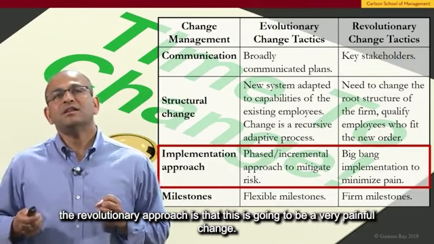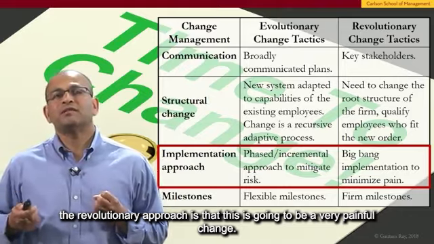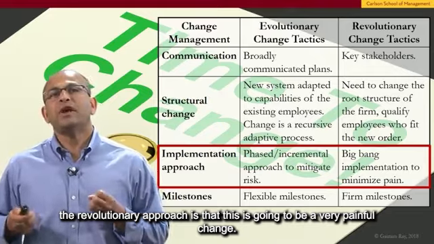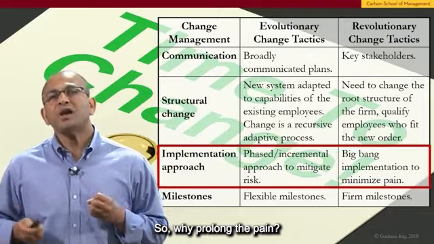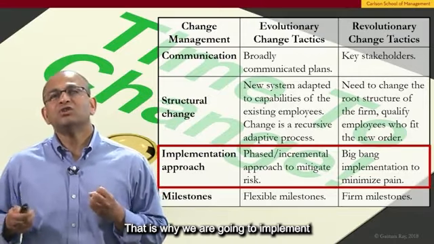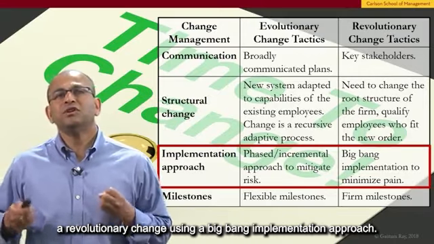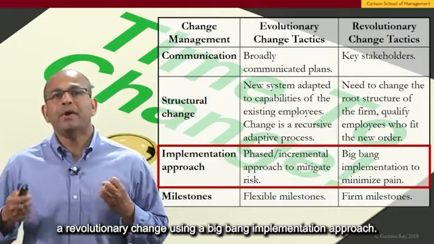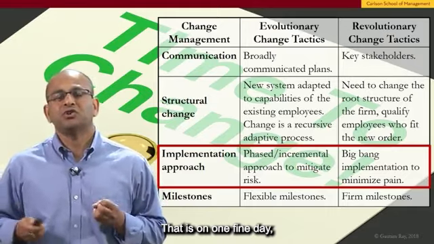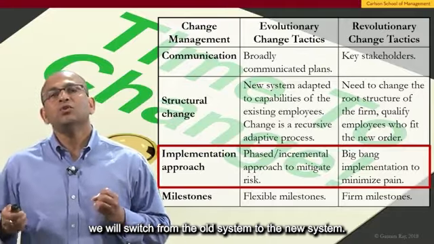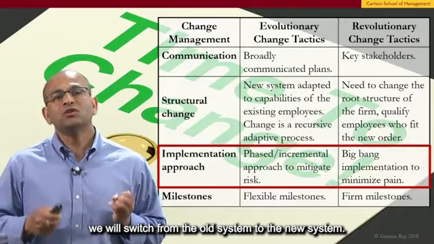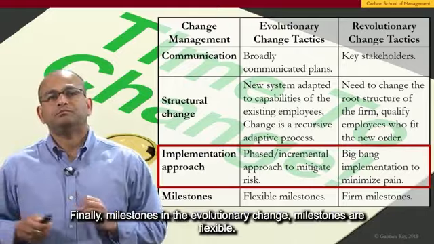However, the idea in the revolutionary approach is that this is going to be a very painful change. So why prolong the pain? That is why we're going to implement a revolutionary change using a big bang implementation approach. That is, on one fine day, we will switch from the old system to the new system.